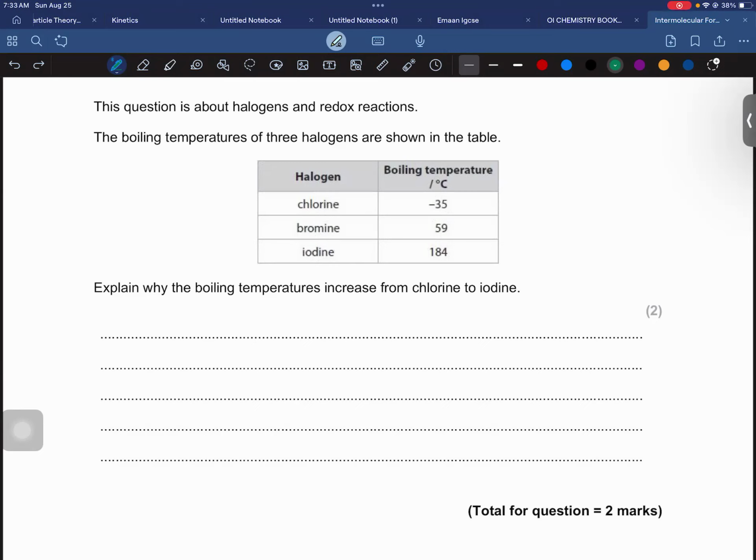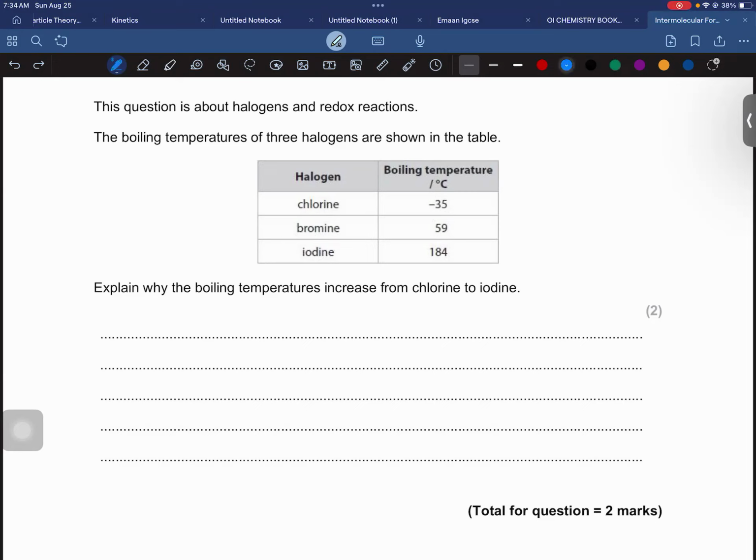This question is of 2 marks only. So we can just write that chlorine has fewer electrons and iodine has more electrons, so IMF in chlorine is less than in iodine.